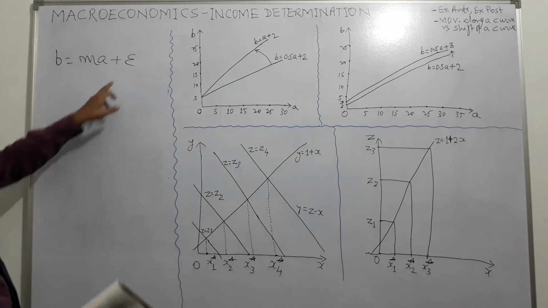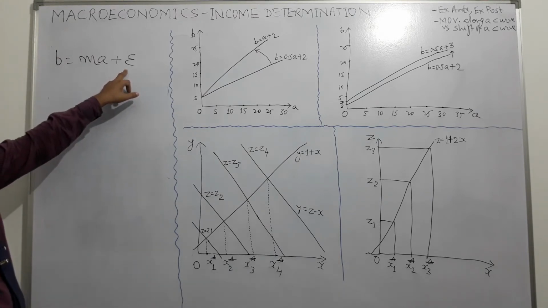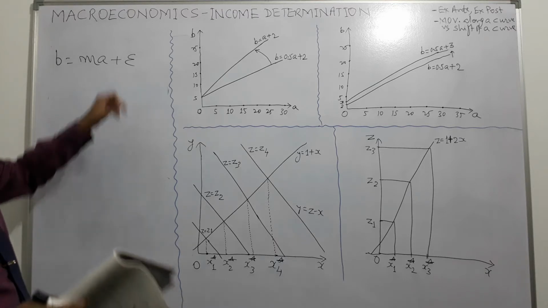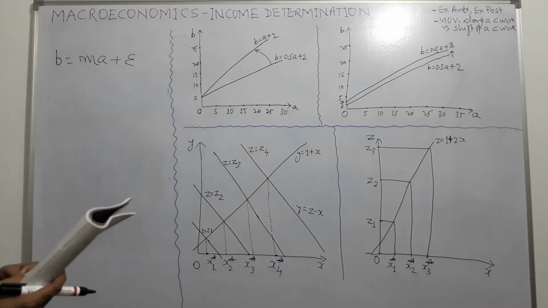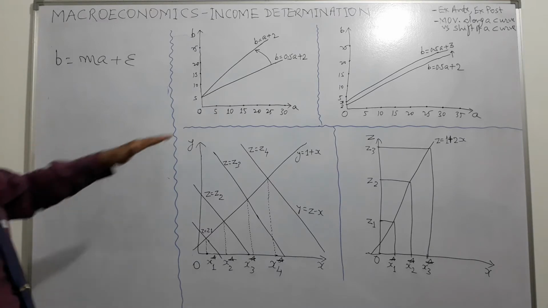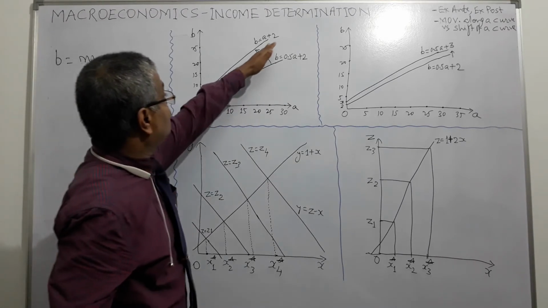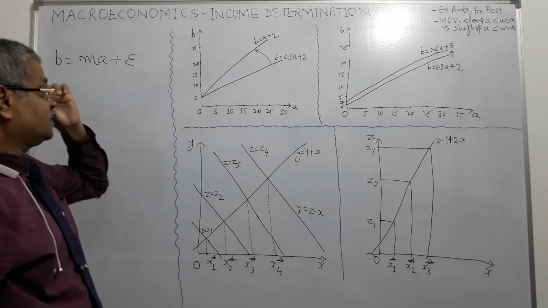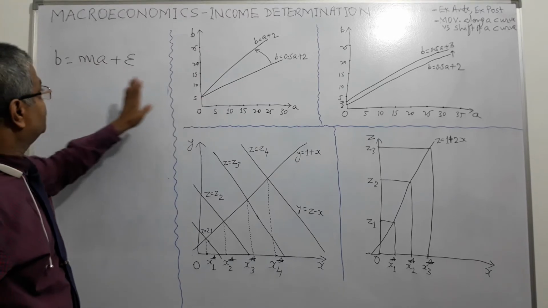Then E is greater than 0 and is the intercept on the vertical line. This is the intercept.